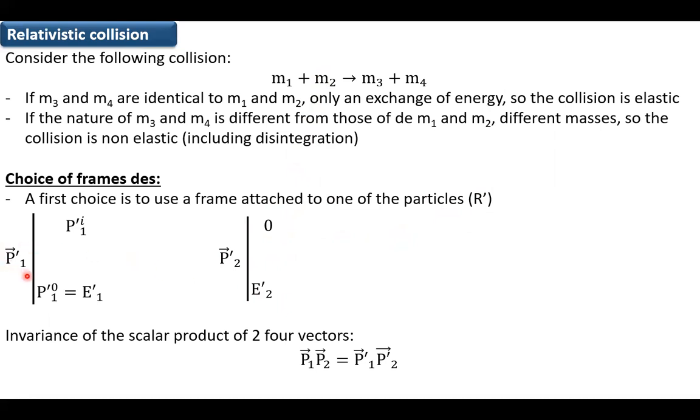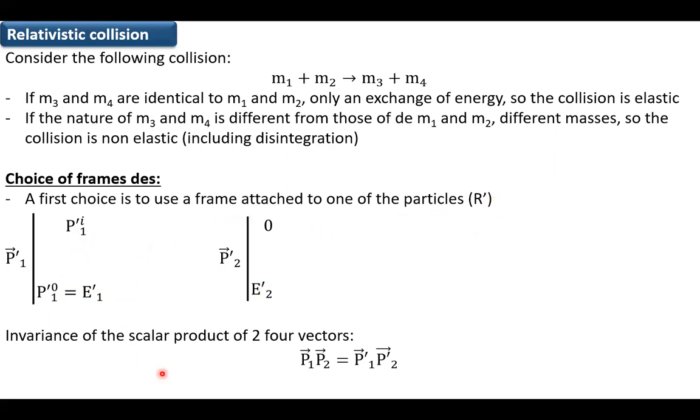While for particle number 1, M1, P prime of 1 would be its momentum in this frame, the three coordinates X, Y, and Z of P prime 1 of particle M1 in this frame R prime, and E prime 1, the energy of M1 in frame R prime.